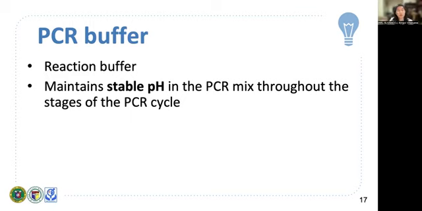And it also keeps the pH stable enough. It maintains the pH stable para hindi ma-degrade yung mga molecules and yung mga enzymes that are involved in your PCR cycle.